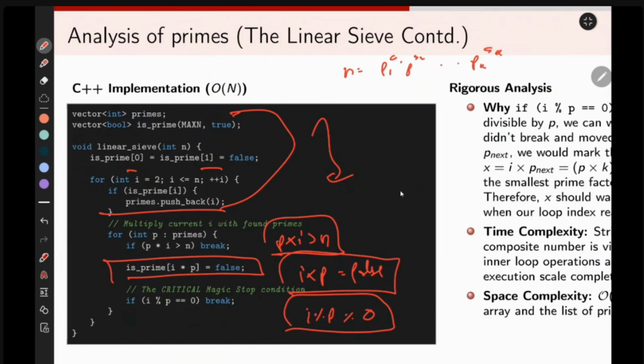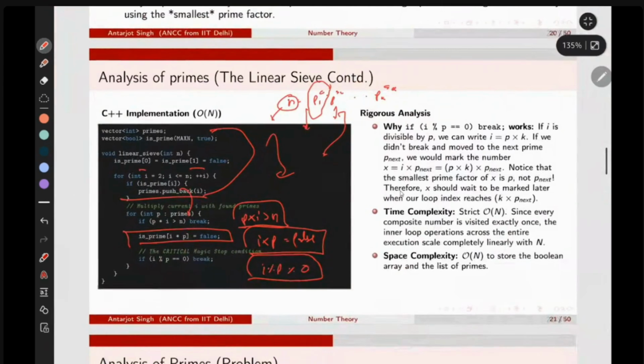So the ith number is going to be visited by primes, right? The first prime that divides it is obviously going to be the smallest prime that divides this number, so we are going to stop at this. So after breaking here, we avoid many redundant steps, like 15 as an example I discussed.